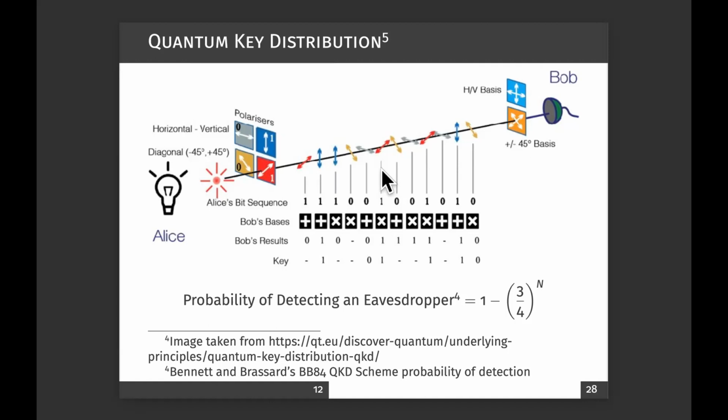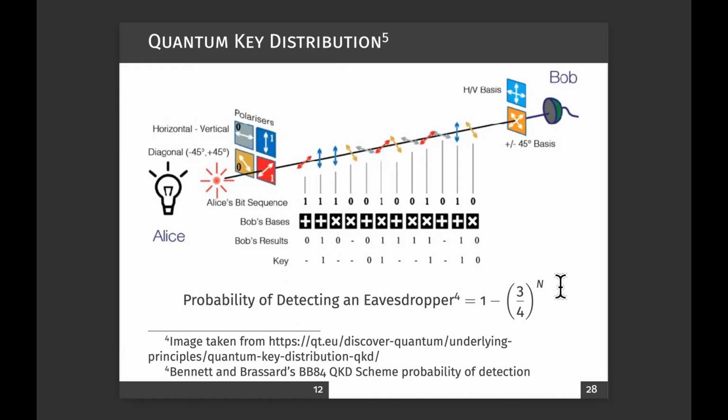And according to this scheme, this is the probability of detecting an eavesdropper. So for example, if I'm talking to Asher and somebody like Eve is intercepting our photons, then the probability of detecting Eve is very high.